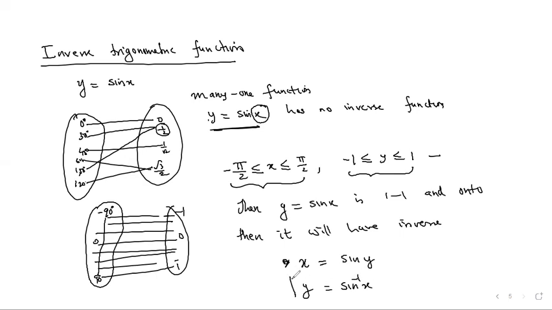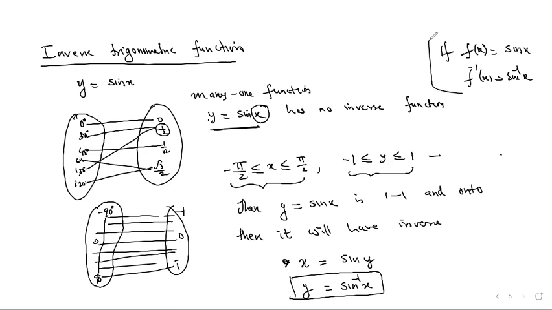And this is y equal to sin inverse x. So if f of x is sin x, then its inverse function will be f inverse x. Did you follow this? Yes, sir.